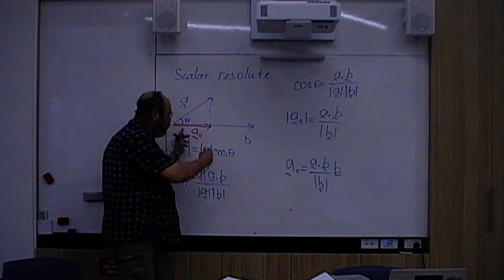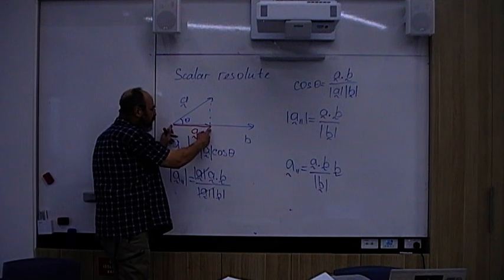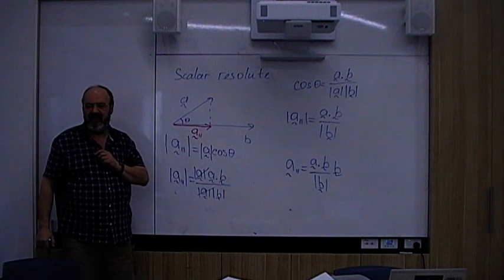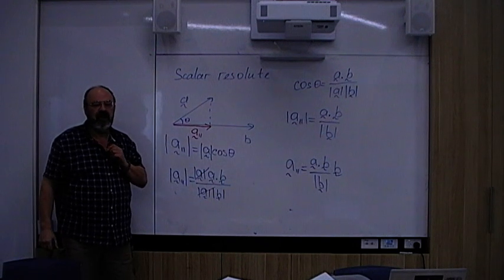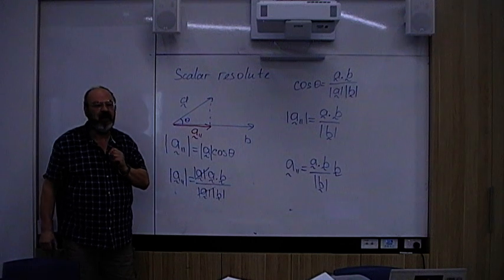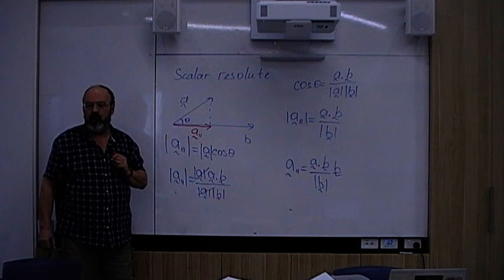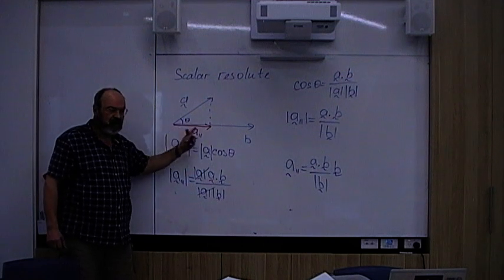Will it be this vector if you multiply the length of this by the vector B? No. We need to multiply not by vector B but by the unit vector in the direction of B, so we will not change this length.